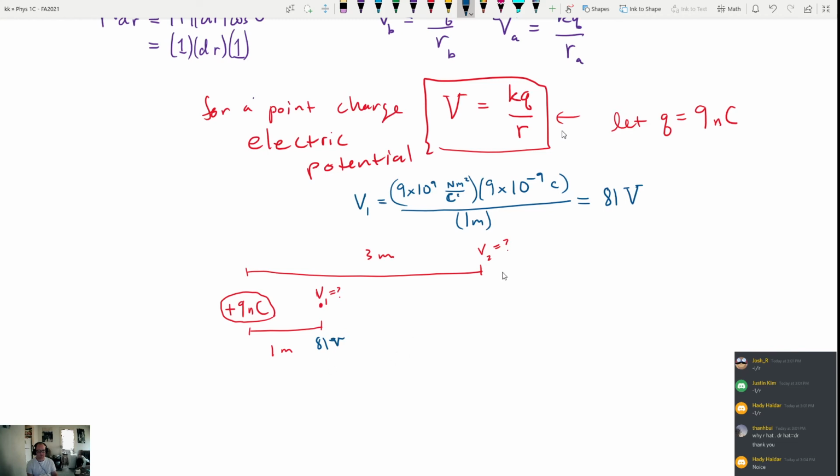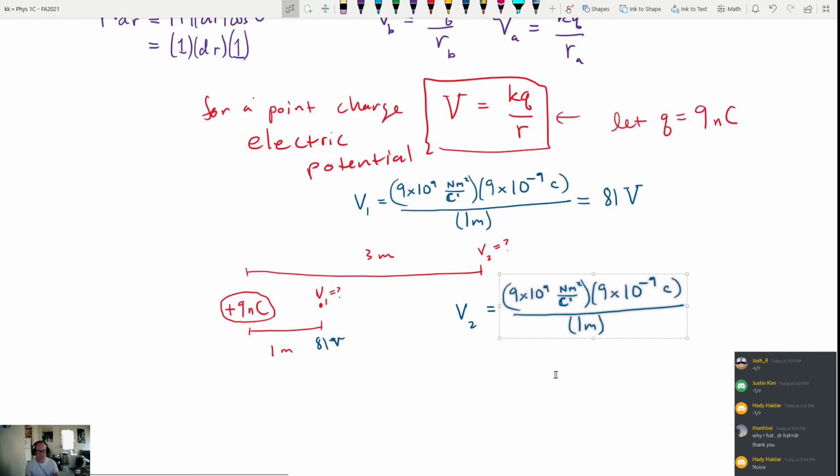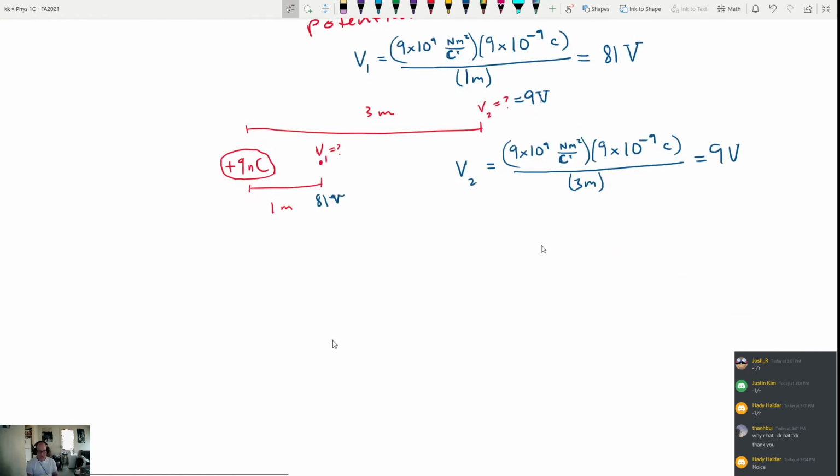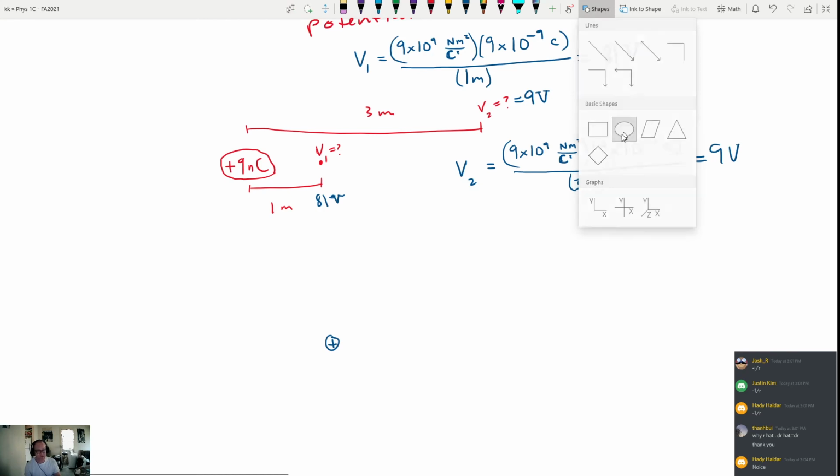Okay. What about V2? V2 will be equal to all the same stuff, but we divide by 3. So we're going to get 9 times 9 is 81. You divide by 3, you get 27 volts. So at this location right here, the voltage is 27 volts, right? 81 volts, 27 volts. What about the equipotential lines? Well, if I have a positive charge, the equipotential lines are circles.